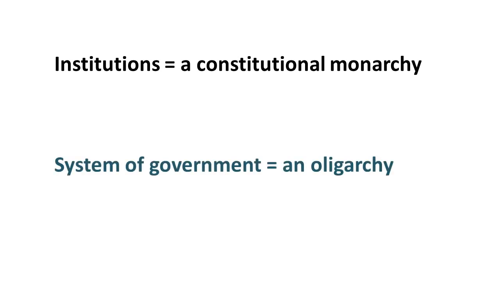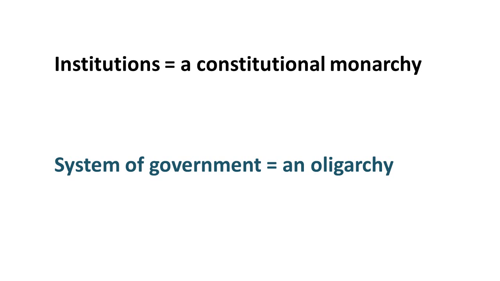So in a way, we could say that the system of government in Britain was clearly an oligarchy. Not a democracy, because only a very few people could vote. Oligarchy means a system where the few rule, where only a limited number of men rule, and so the richest, the elite.